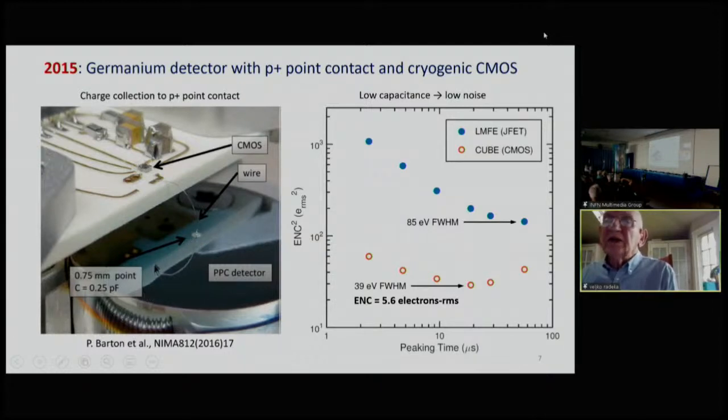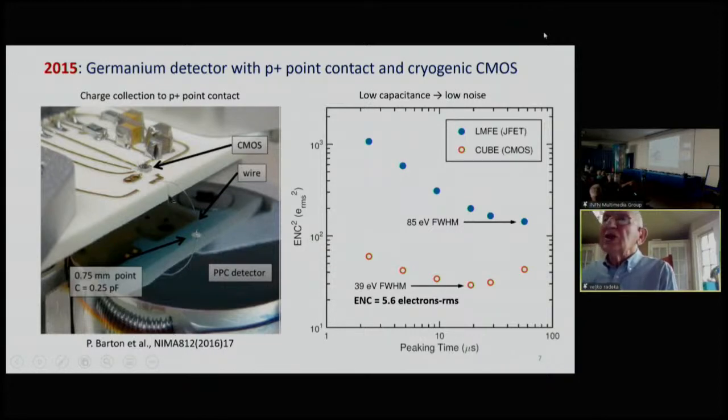The point contact has a capacitance of 0.25 picofarad, and a wire bonded to a CMOS amplifier, in this work reported in a NIM paper a few years back.